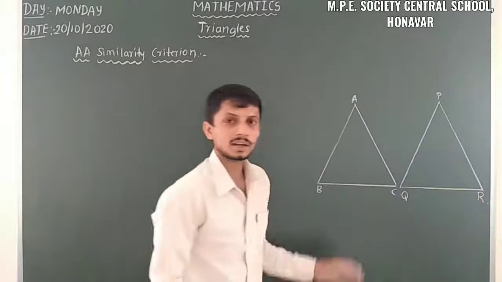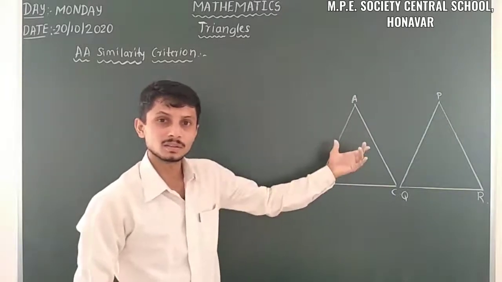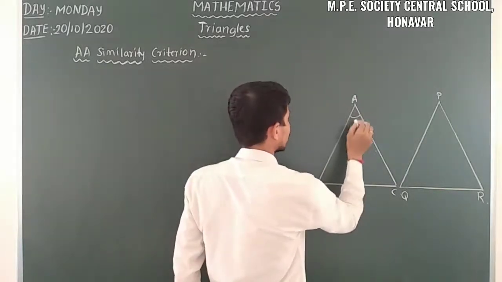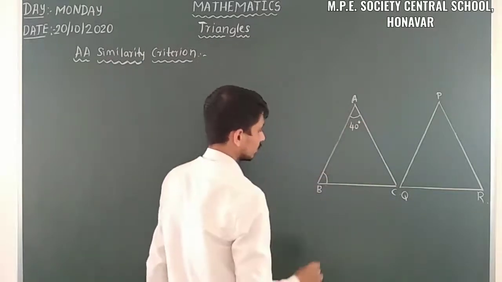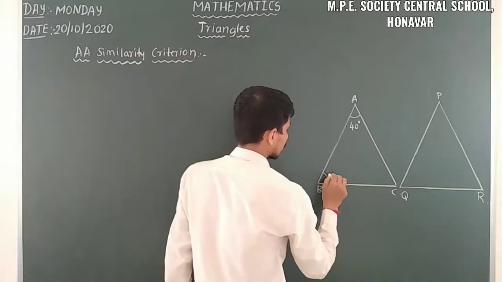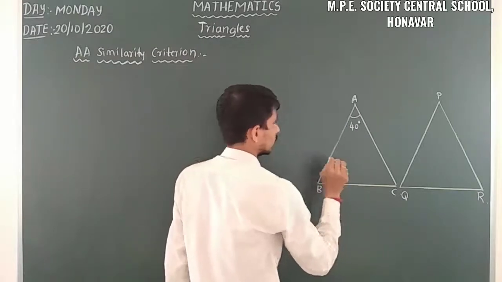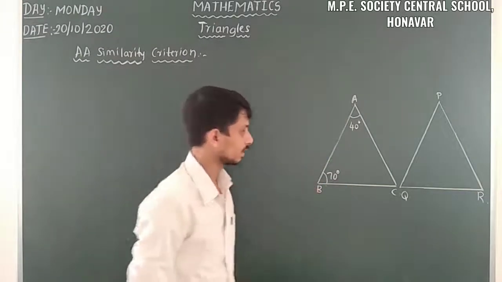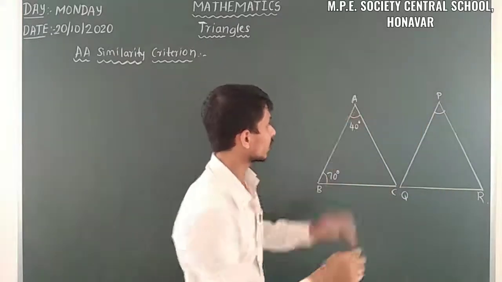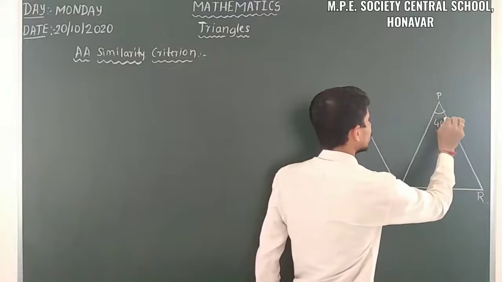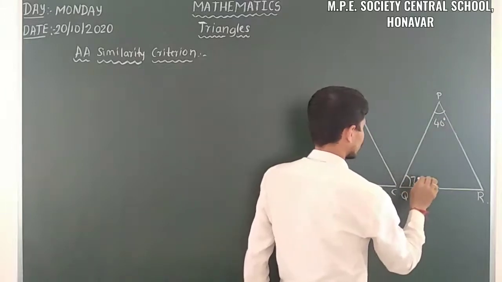I will consider some measurements. Here I will take 40 degrees, and here I am taking 70 degrees. Whatever angle you can take. Here also, the corresponding angle of this angle, I am taking only 40 degrees, and here I am taking 70 degrees.